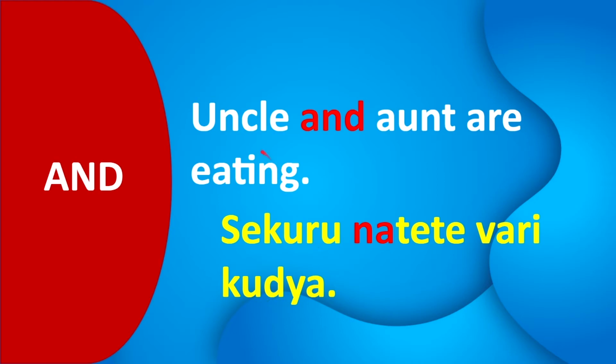Uncle is sekuru in Shona, aunt is tete in Shona, and are eating is vari kudya. "And" has been translated to "na". Why? Because we are using the proper nouns of people or of humans here, uncle and aunt. So we use "na".